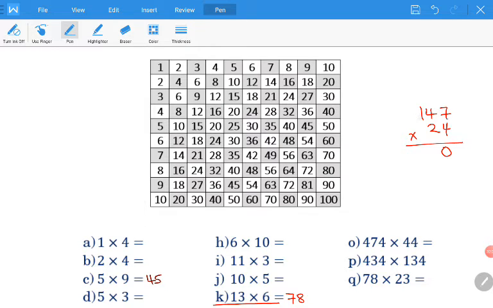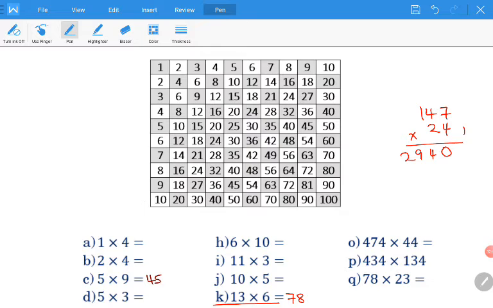Then we multiply 2 by 7, which gives us 14. So it's 4 carry 1. 2 times 4, which is 8, plus 1, it gives us 9. Then 2 times 1 gives us 2.